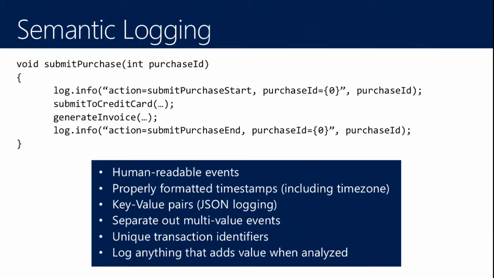So when you're logging, latch onto semantic logging, which is basically designing your logs so that they can be read by things, not people. That means, yes, have human readable events. We still want you to read your logs. We don't want binary. But use key value pairs, separate out multi-values, and include a unique transaction ID so that you can correlate it with other things. That's really what it comes down to.